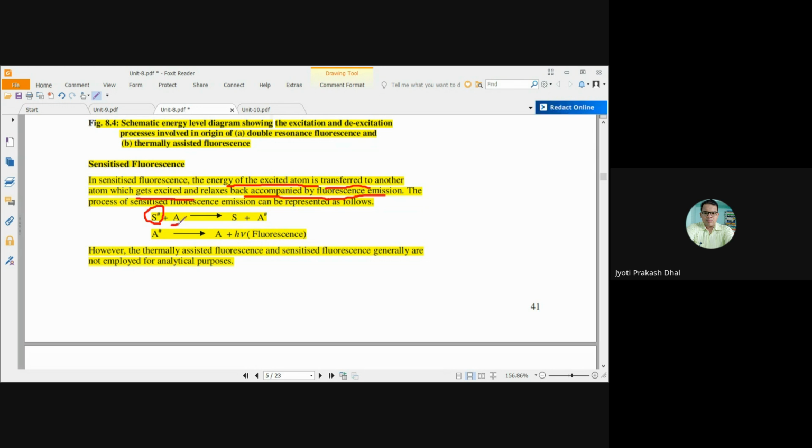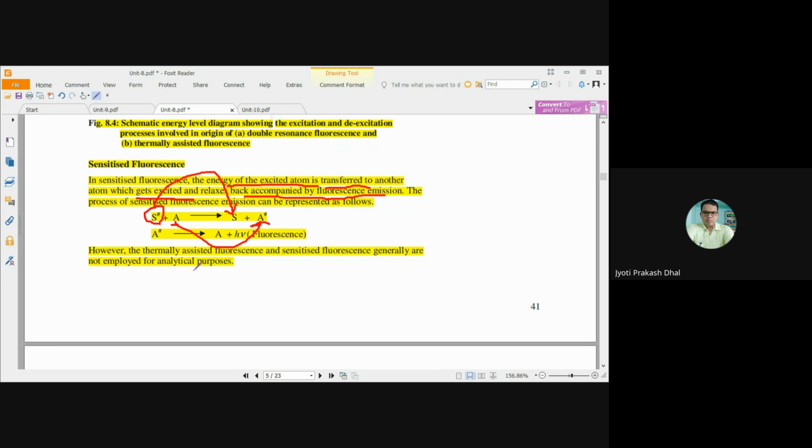If the normal atom A interacts with the excited S atom, the excited S atom transfers its energy to the normal atom A, so the excited S atom converts into a normal S atom and the normal A atom converts into an excited A atom.